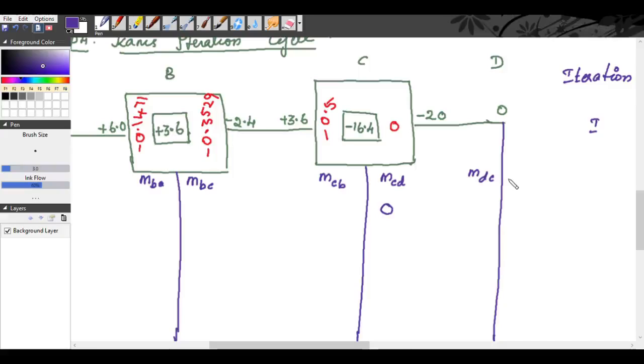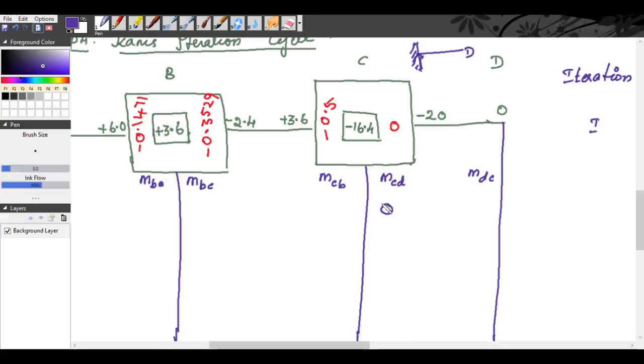The reason is, this is a cantilever. Since CD is an overhang, it behaves like a cantilever. So there will not be any rotational contributions from joint C to joint D, or to joint B. So it is 0.